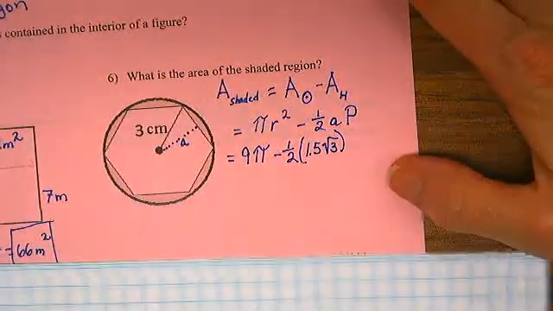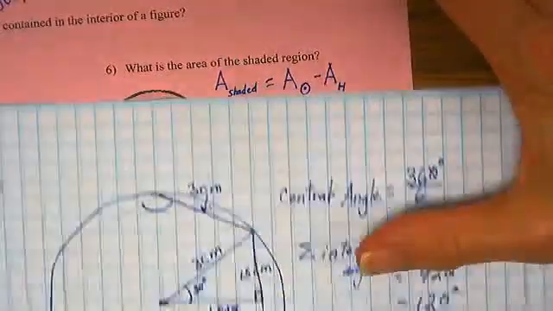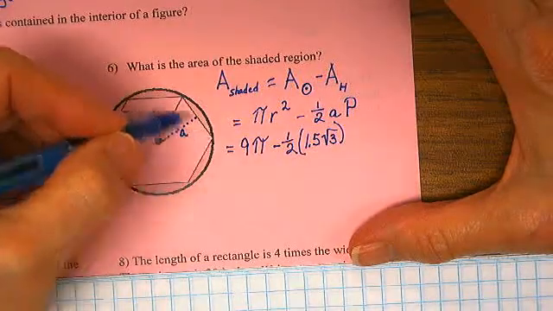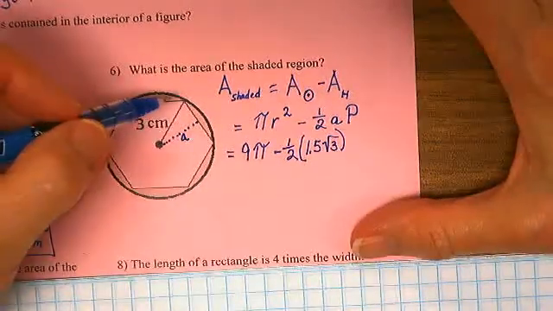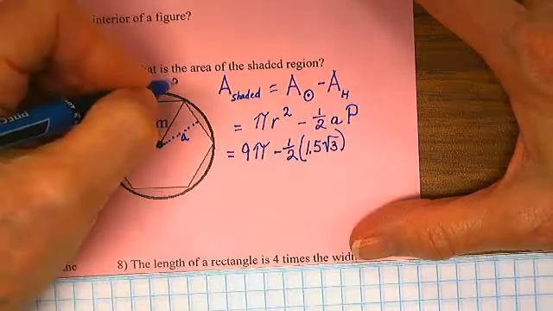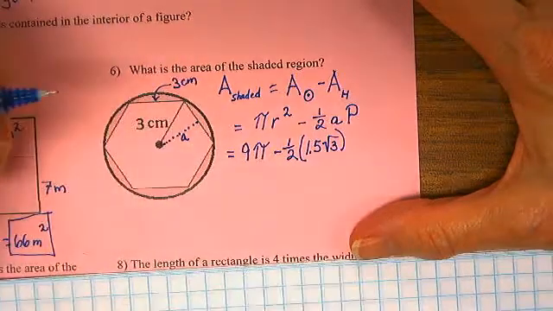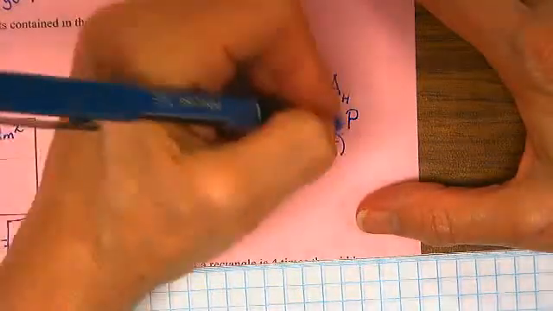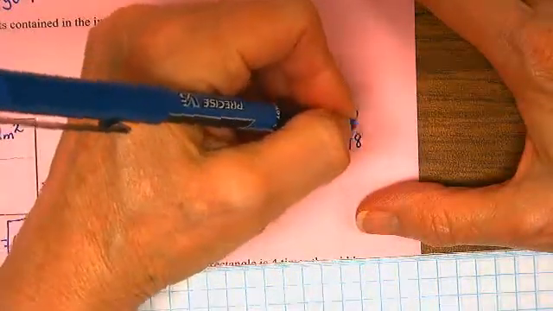And my perimeter is the distance around the outside, the fence, if you will, of my hexagon. And if each side length is also 3 centimeters, well, in that case, 3 times 6 is 18.